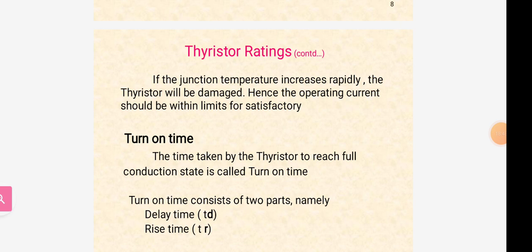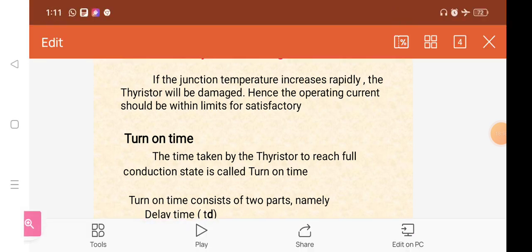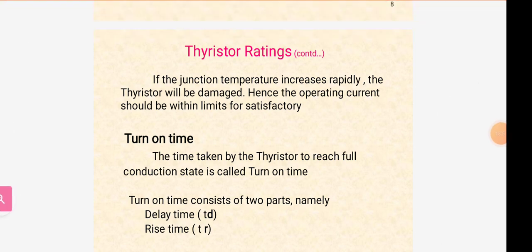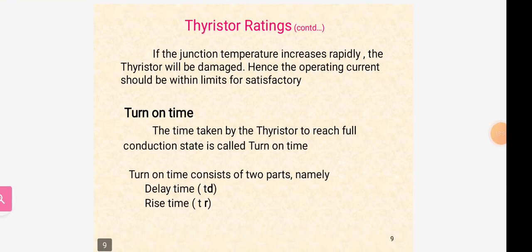So these are the current ratings of SCRs, and next we go for turn on time. The time taken by the thyristor to reach full conduction state is called turn on time.